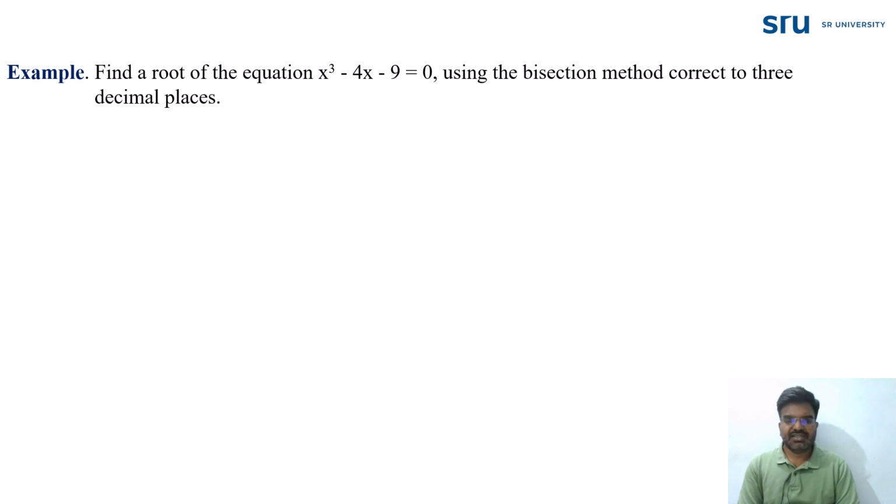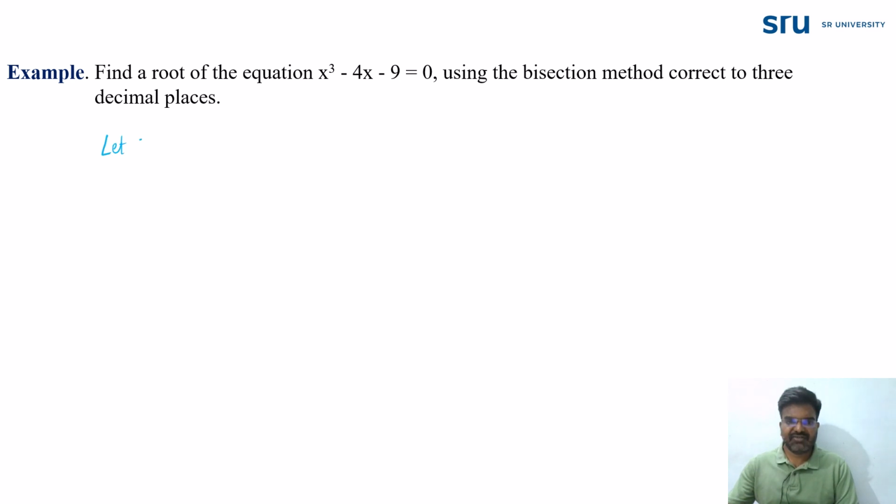Now we will discuss one example of how to find the root of the given equation. In this example, the equation is x cube minus 4x minus 9 equal to 0. First, I am taking the polynomial as f of x.